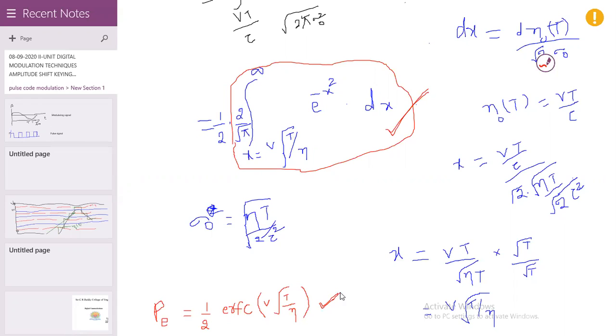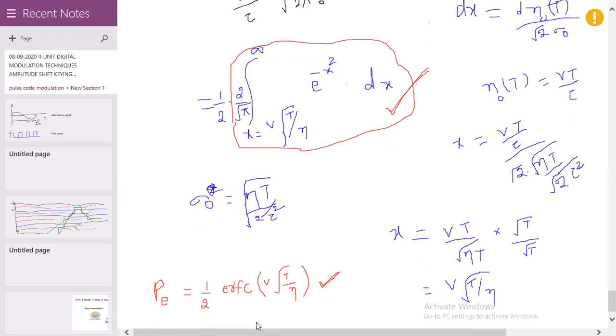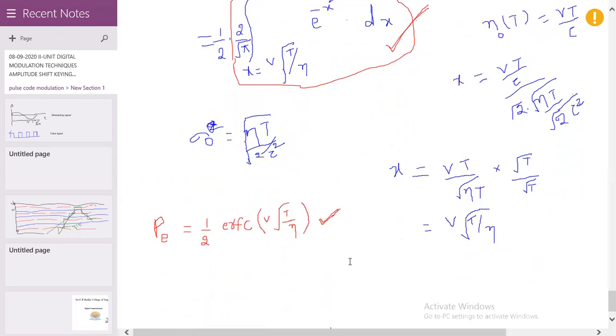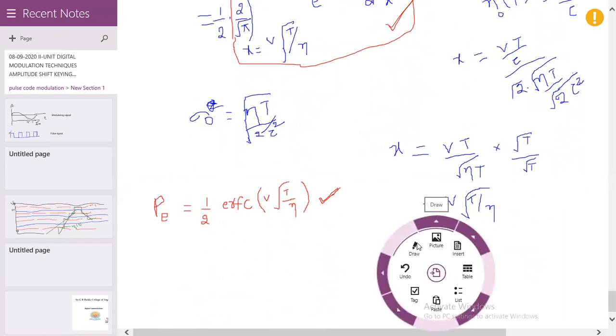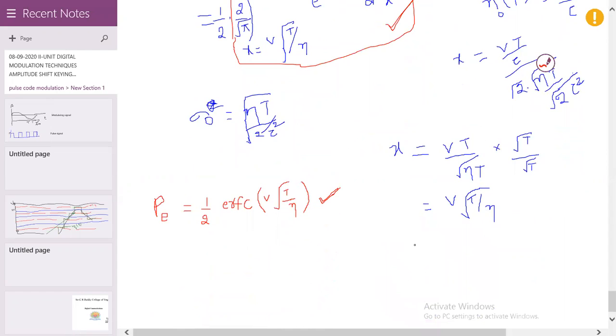By using higher engineering mathematics this can be solved, and when we solve it you get the complementary error function. So here we can remember this one. This is very important. This is a generalized equation to calculate the probability of error.